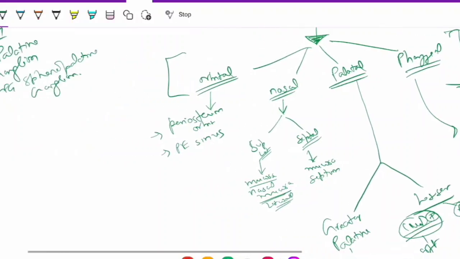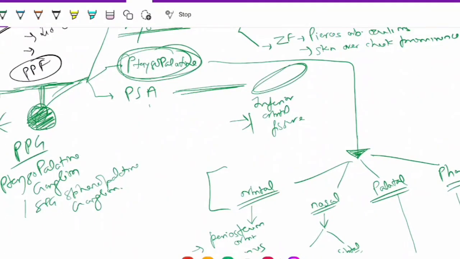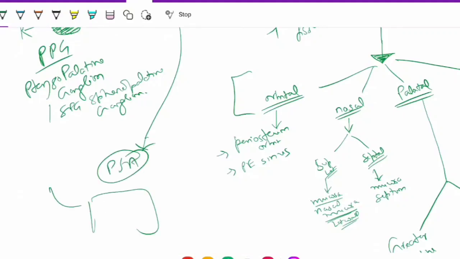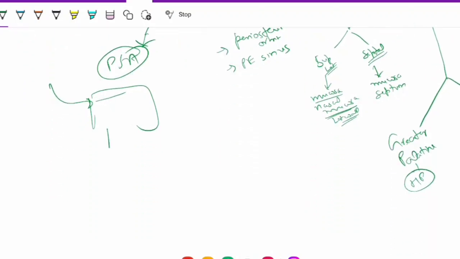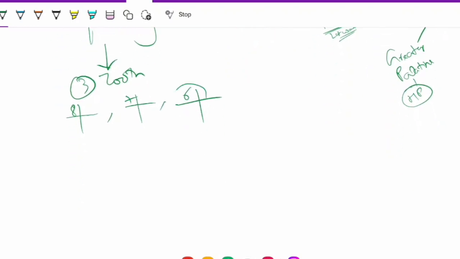And now we will come to the last branch in the pterygopalatine fossa region, that is the PSA. PSA enters into the maxilla from behind, goes there, and it supplies three teeth, that is if your 8 is present, your 7 is present, and your 6 is present. But in the case of 6, there is an exception.